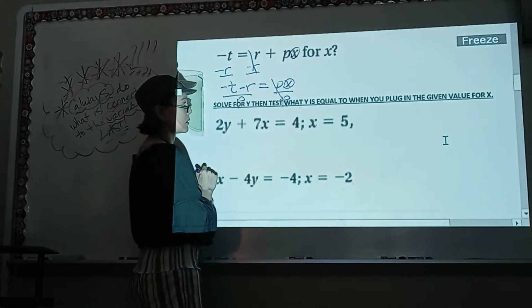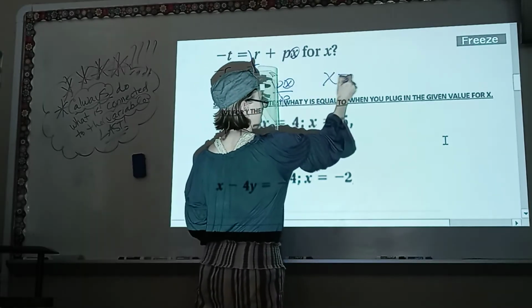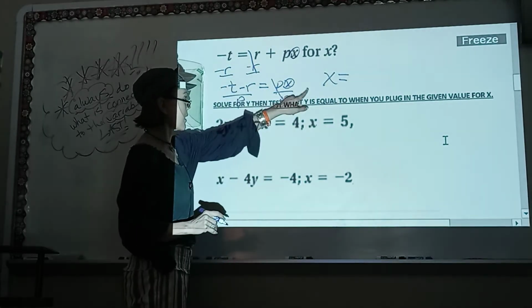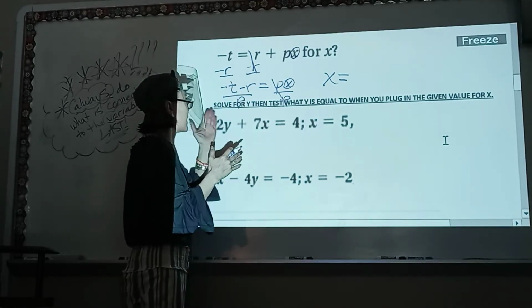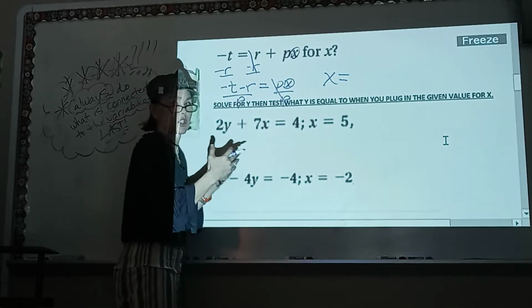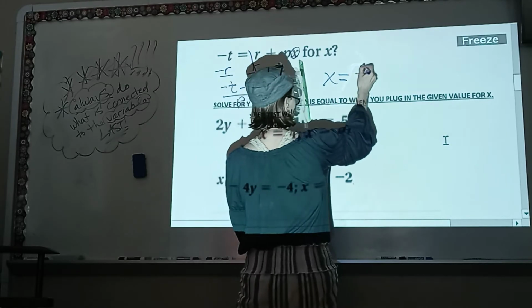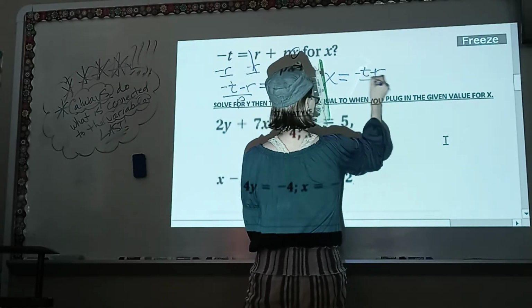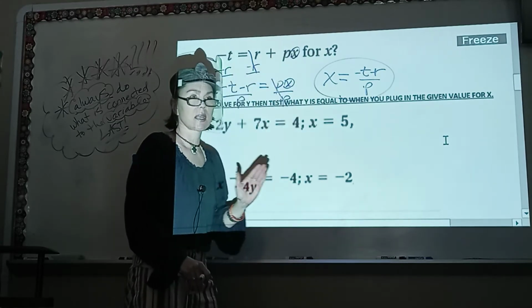Those cancel, and then x is equal to all of this. You can't actually do negative t minus r divided by p, so it stays exactly that. Write the answer, negative t minus r divided by p, and circle the whole thing. That whole thing is your answer.